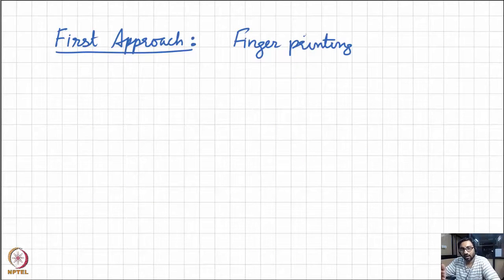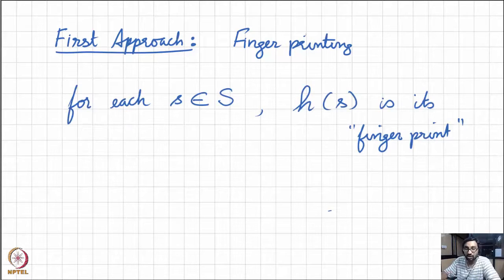Let us first look at a first cut approach. We're going to look at the fingerprinting approach, wherein we use a hash function. Every time a user ID is included into the set S, the ID is hashed, and a smaller fingerprint, basically the hash value, is stored in a manner that it can be easily searched, for each user ID S from the set of user IDs included so far.